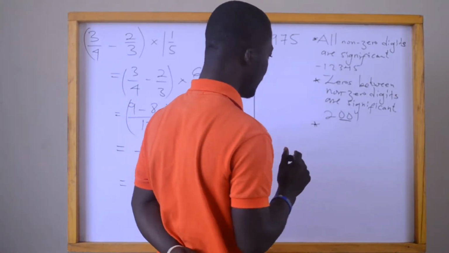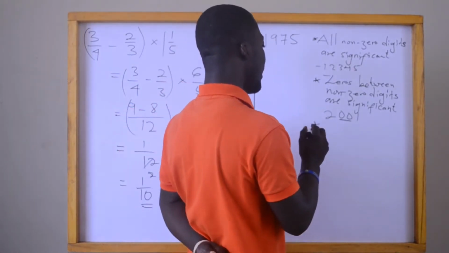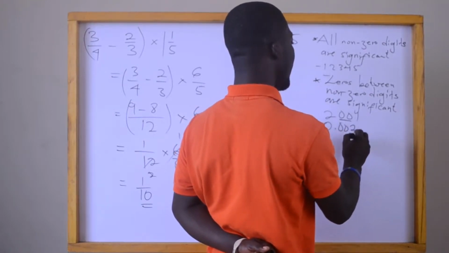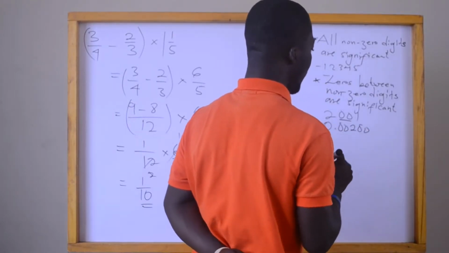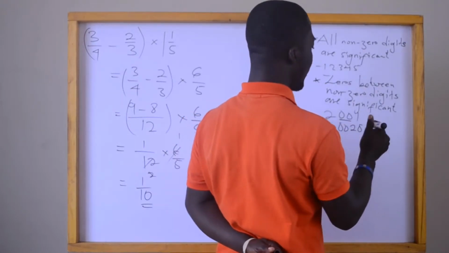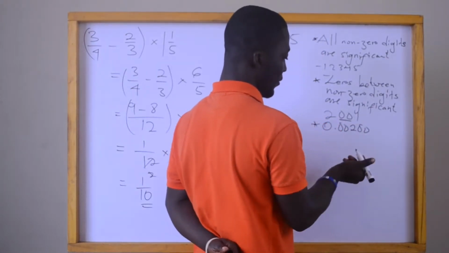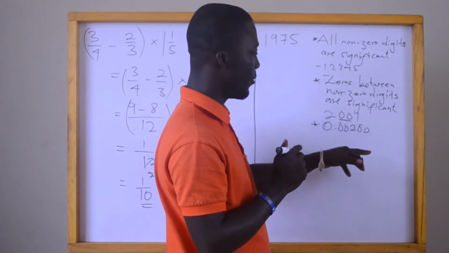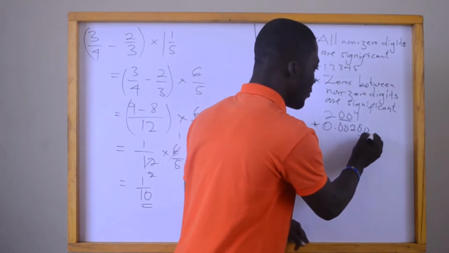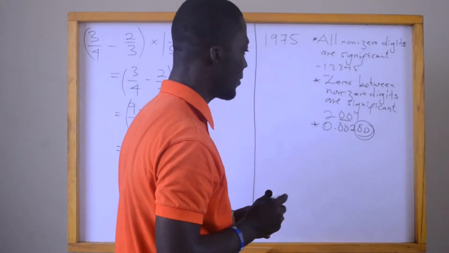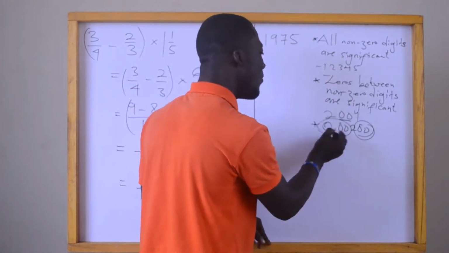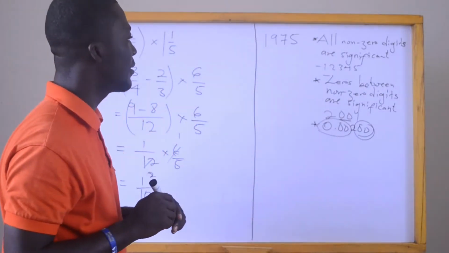And the next rule says that trailing zeros in a decimal are significant. So when we have something like 0.00200, these two trailing zeros are significant. Remember, the leading ones are insignificant.